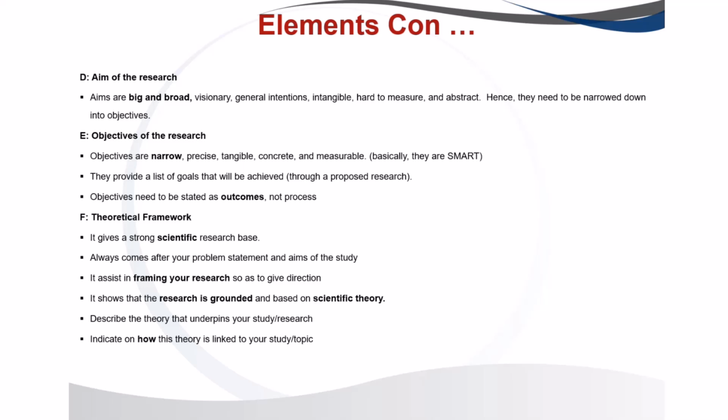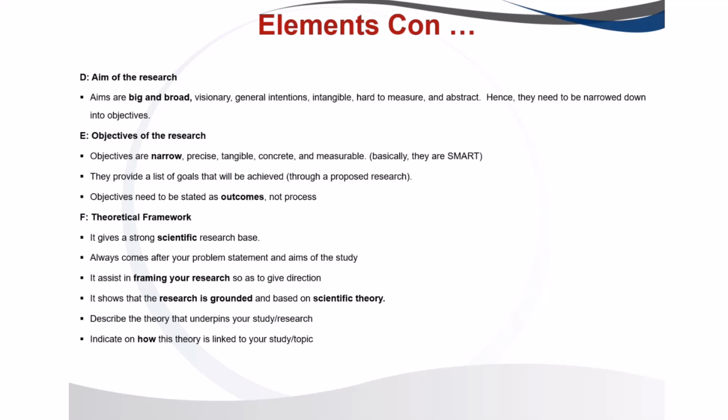That's why when we come to a theoretical framework, we allow our students to use even old theories. It doesn't matter whether the theory was developed in 1802. You're allowed to do that. And how do you write this up? You describe the theory that underpins your research and indicate how this theory is linked to your study. That's very important.